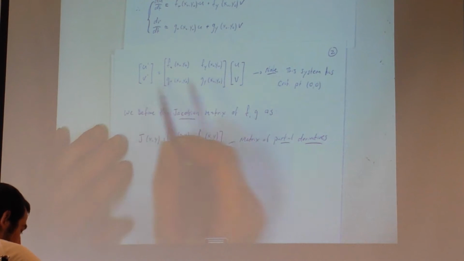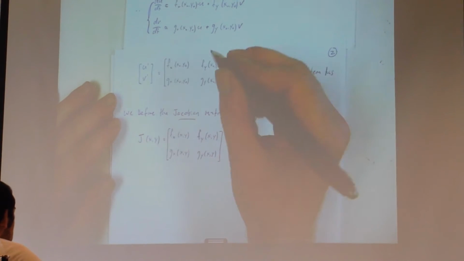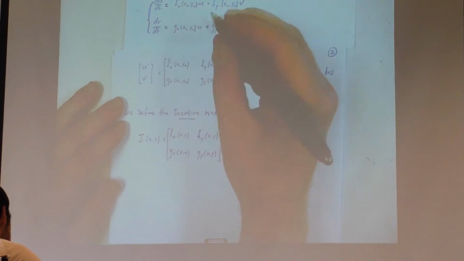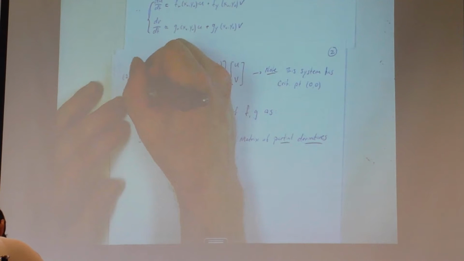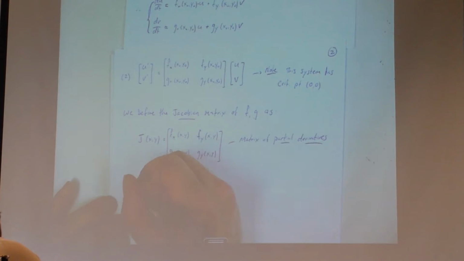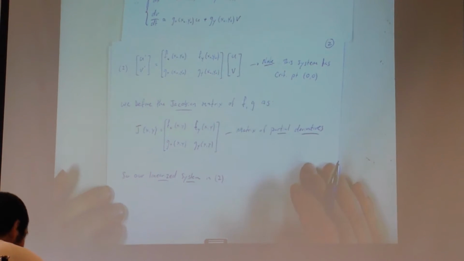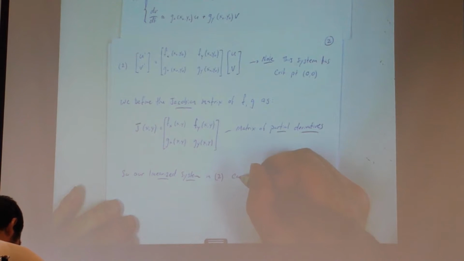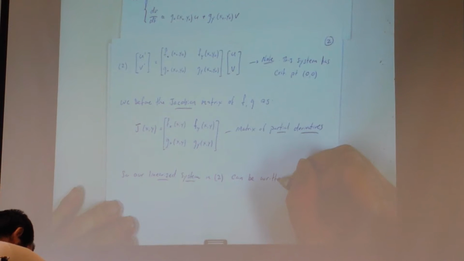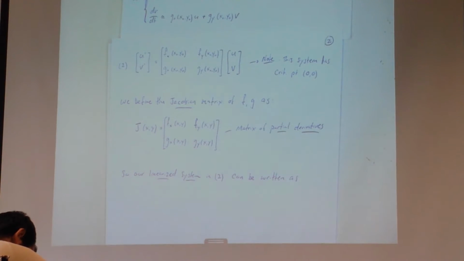So this equation in 2 is what we call our linearized system, and it can be written concisely in terms of the Jacobian.